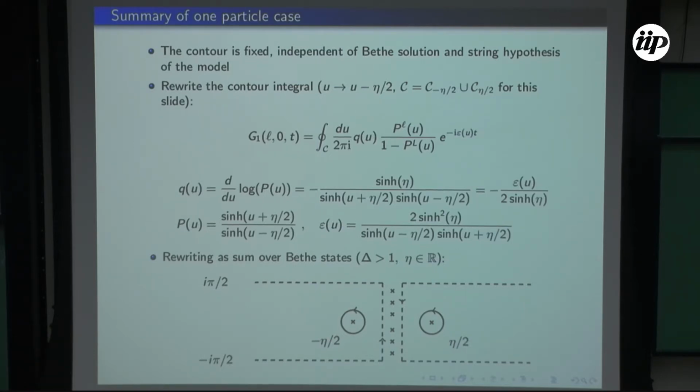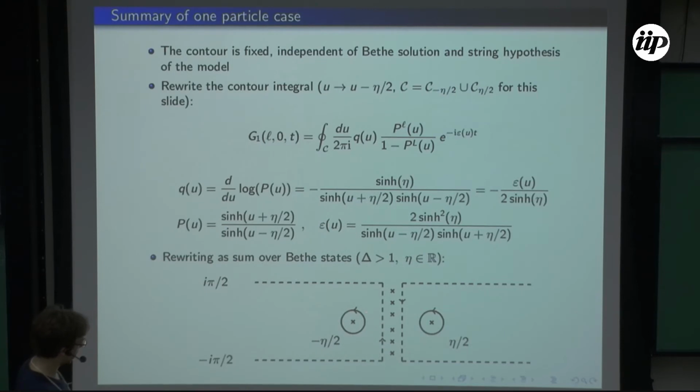And you know that at least for these values of delta, your integrand has poles when the beta equation is satisfied, because then this term is 0. And for this value, you know that they are symmetrically placed along this imaginary line. And those are all the poles you have.